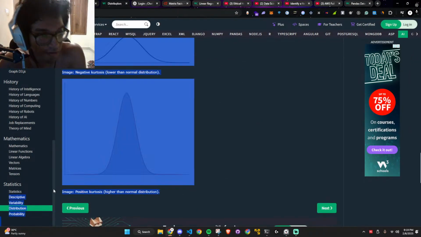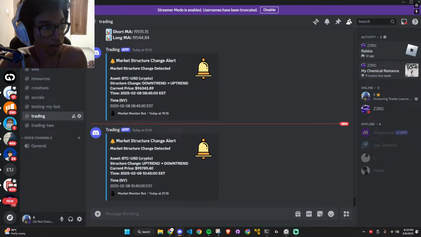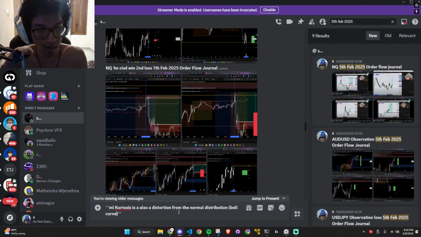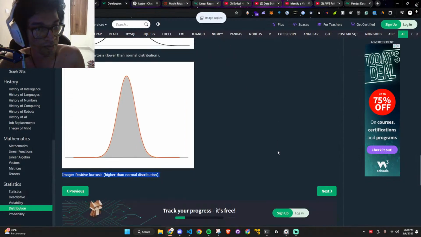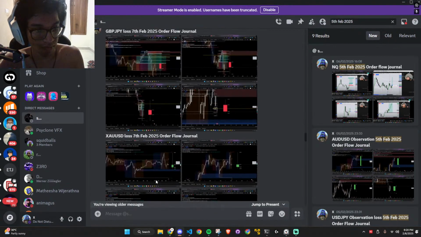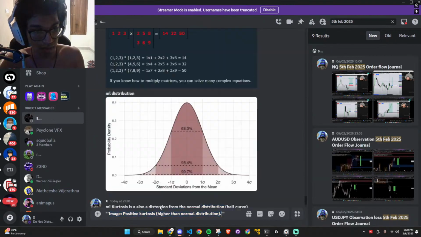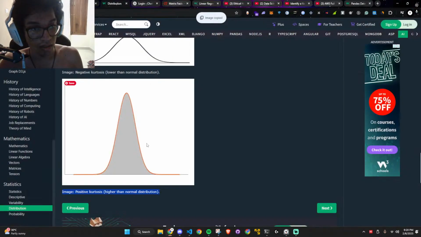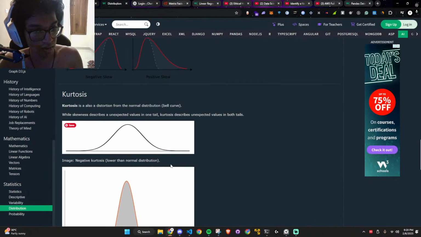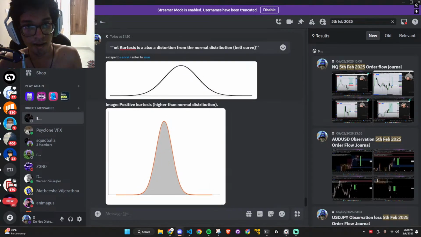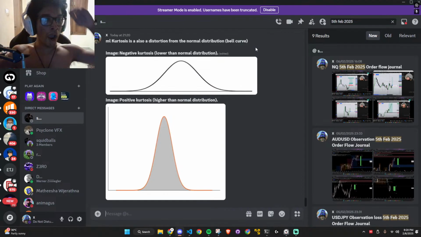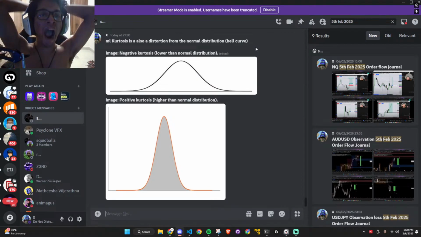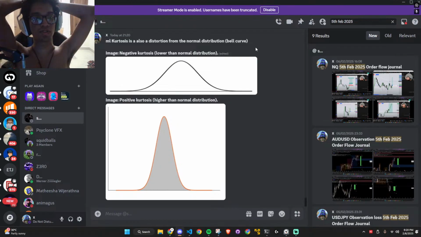Okay, so positive kurtosis. Let me just try. Okay, there we go. Positive kurtosis. Kurtosis shows how distorted the curve is compared to the normal bell curve.